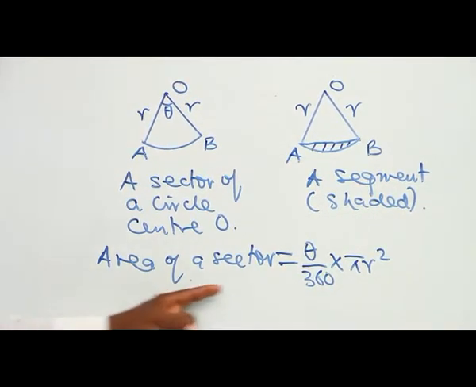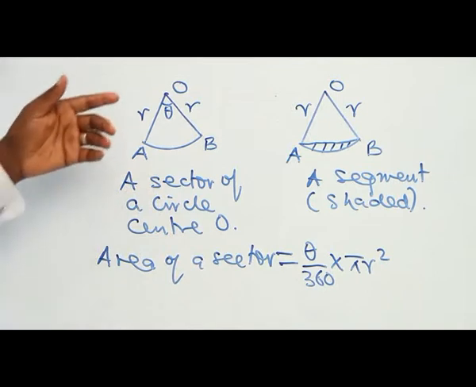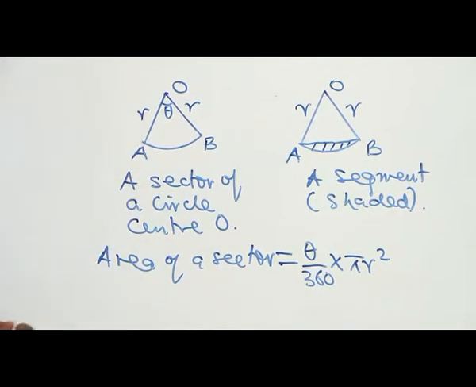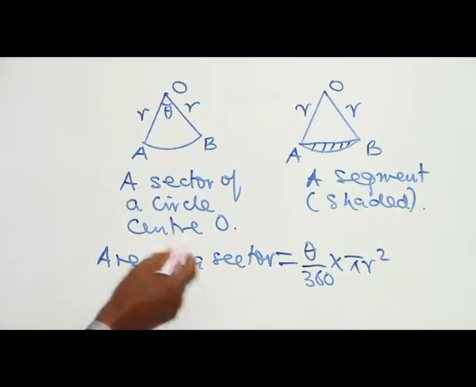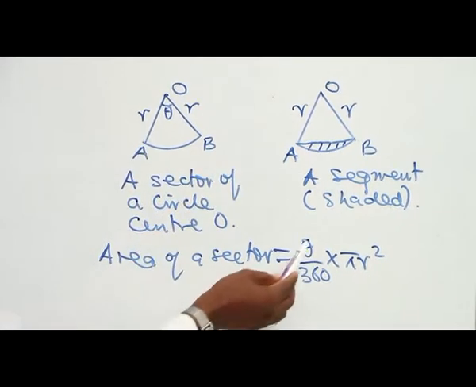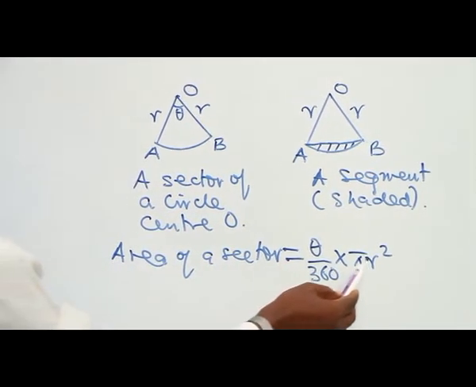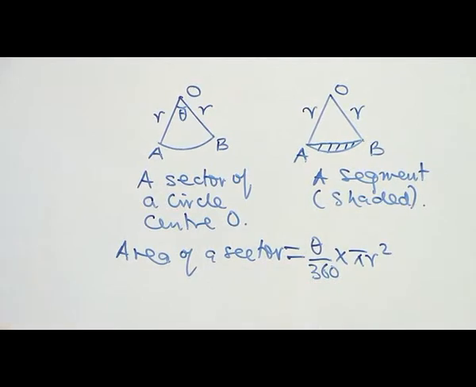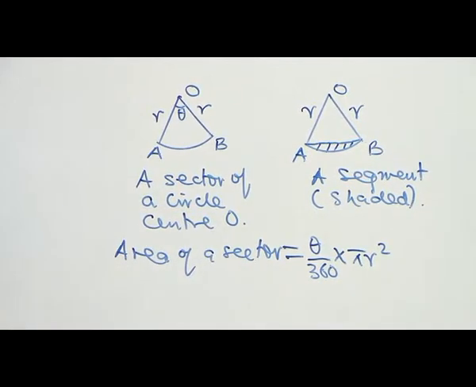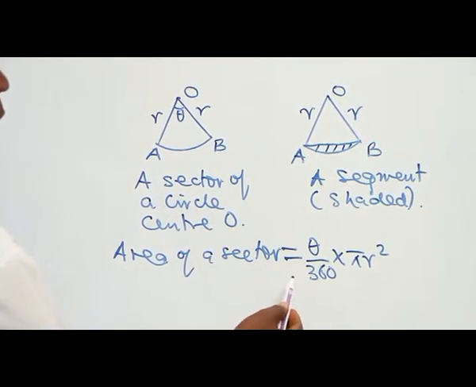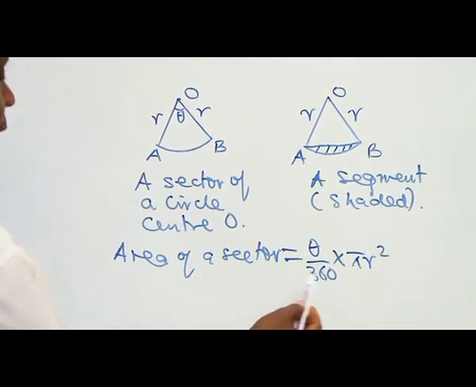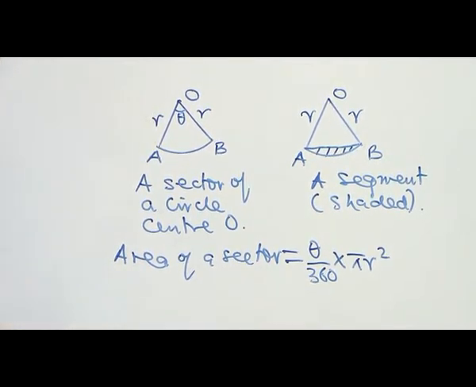This is the area of the sector OAB. So we now have that, therefore, the area of sector OAB is theta over 360 times pi r squared. Our pi usually will be given to us as either 22/7 or as 3.142, as the case may be. So that now is the area of the sector.